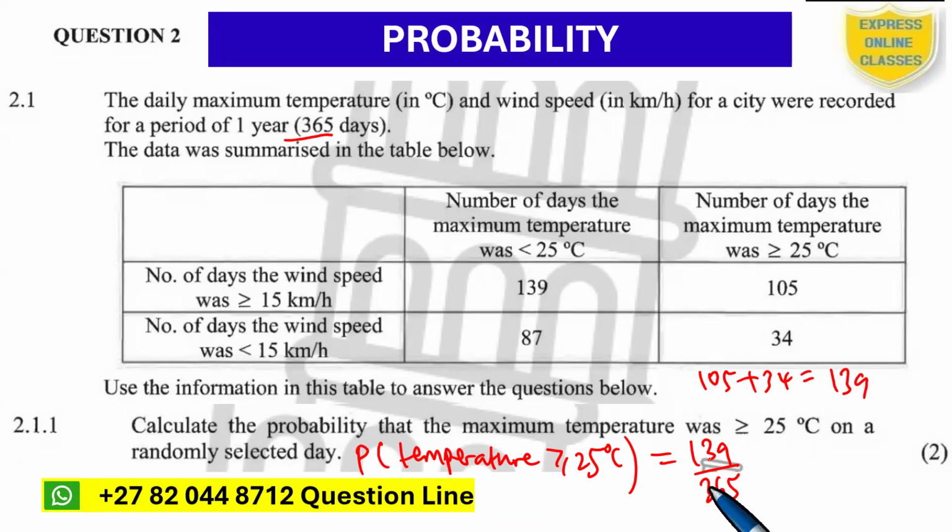And if you use a calculator, you'd get the following. Just use a calculator to check our calculation and see what we need to get here.